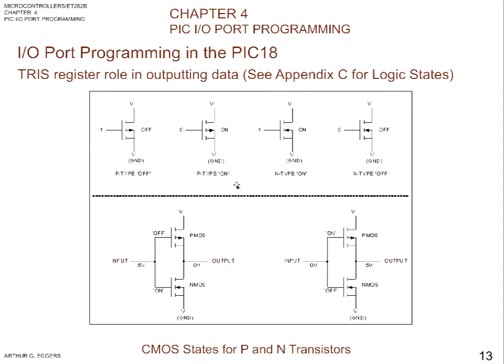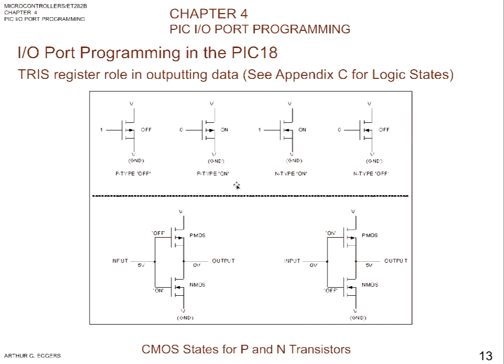A typical example of a circuit symbol is in Appendix C of your textbook. If you're unfamiliar with the internals of logic gates, see Appendix C for an overview. Note that the CMOS on and off states in the figures are taken from the appendix.